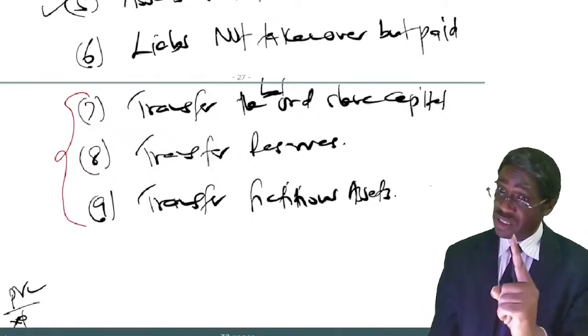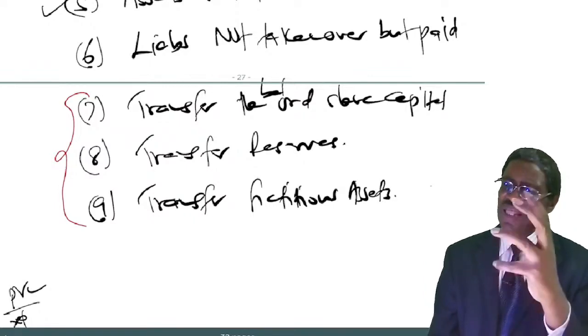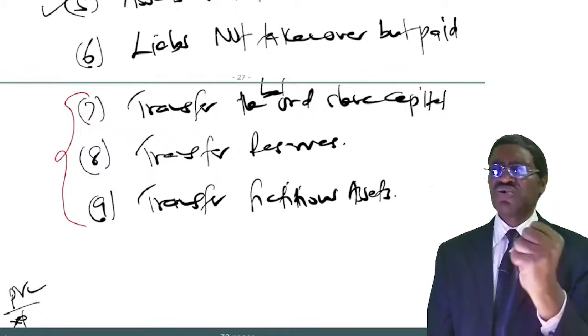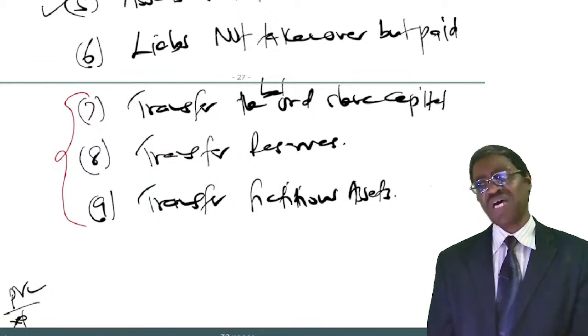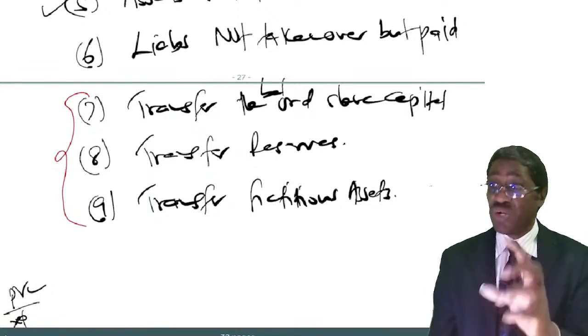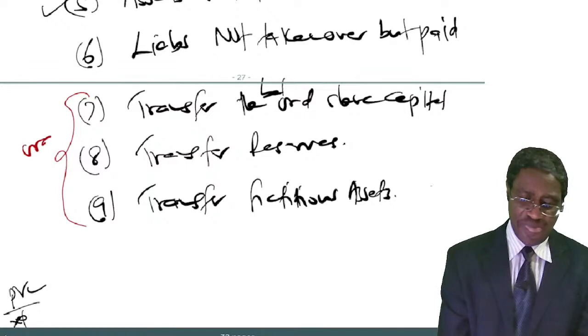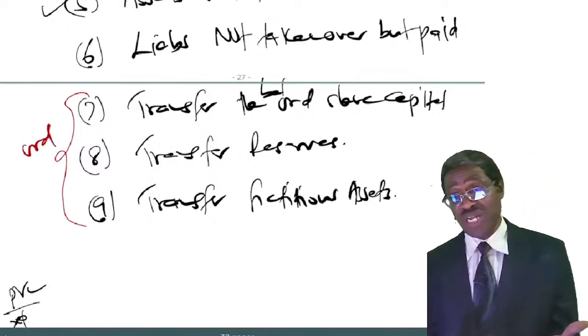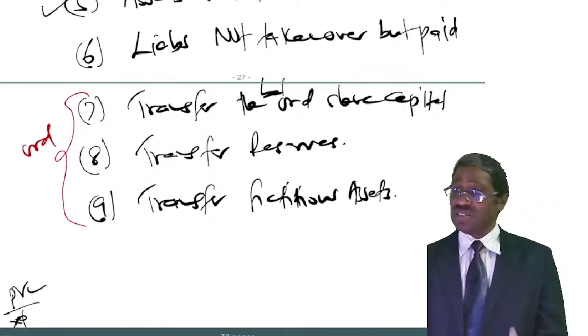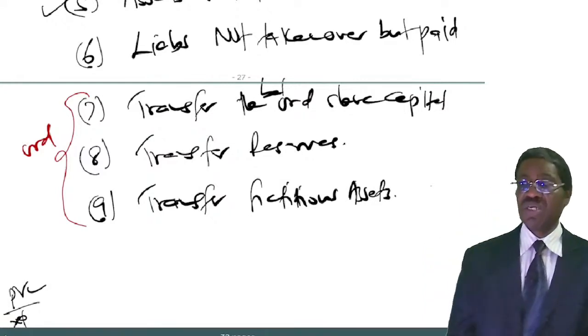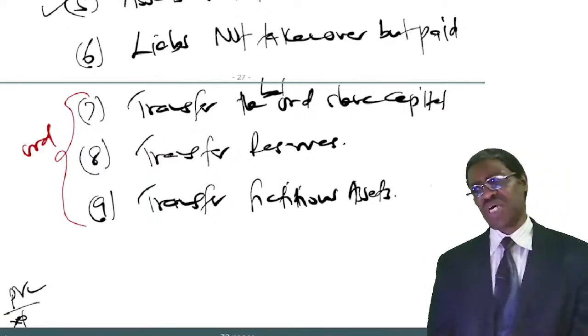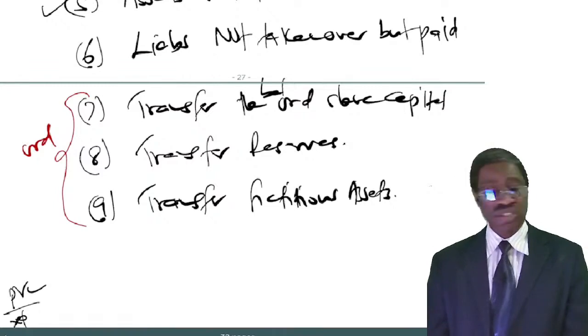In what sense? In the sense that these are things that belong to the ordinary shareholders. One is the ordinary share capital itself, that is number 7. Two, reserves. Three, any fictitious assets belong to the ordinary shareholders.